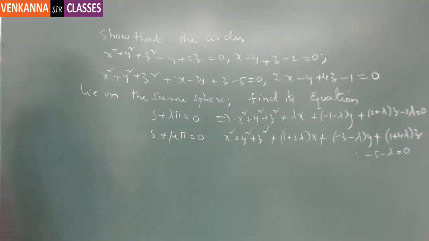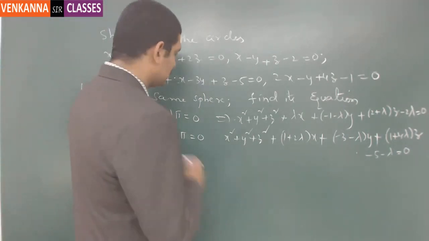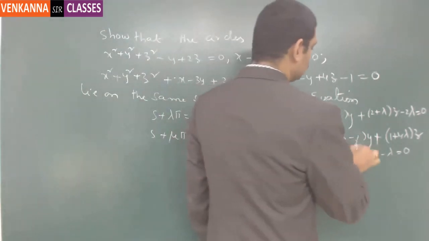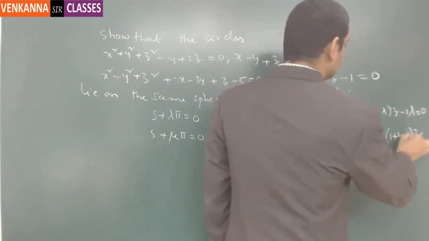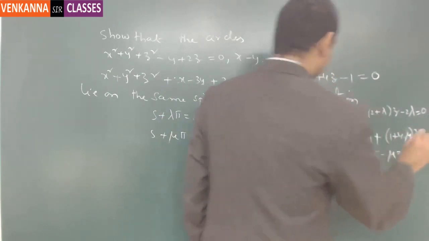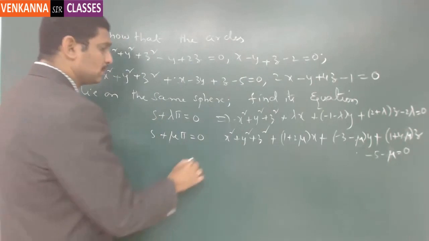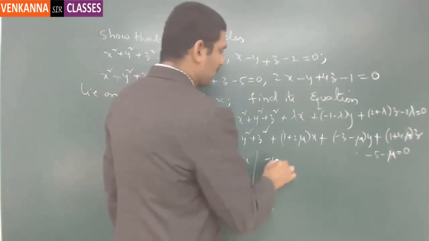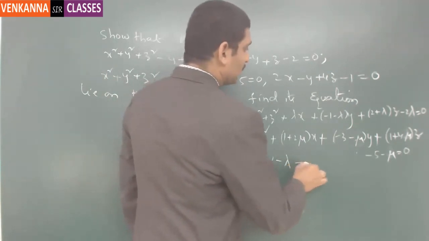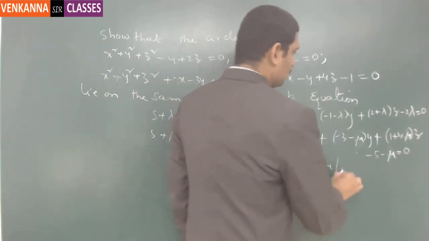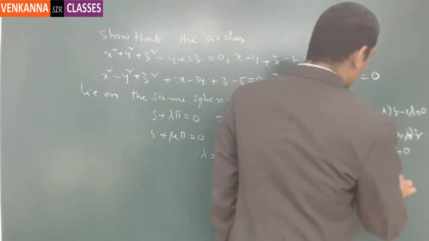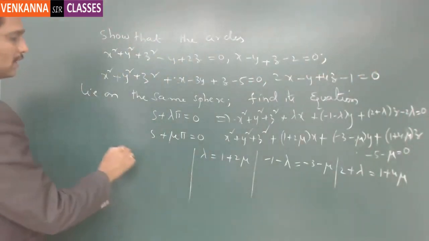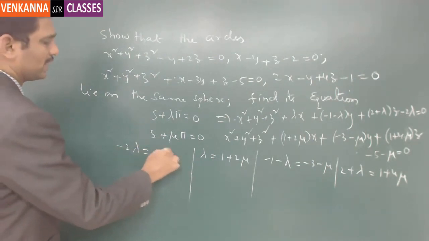If you equate them, since I have used mu here, I will write lambda is equal to 1 plus 2 mu, minus 1 minus lambda is equal to minus 3 minus mu, 2 plus lambda is equal to 1 plus 4 mu, and also minus 2 lambda is equal to minus 5 minus mu.